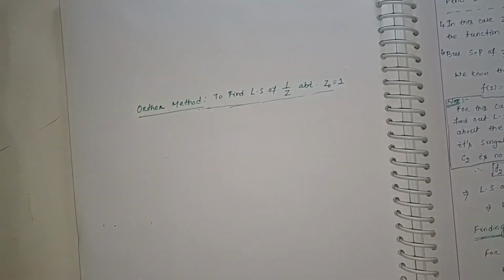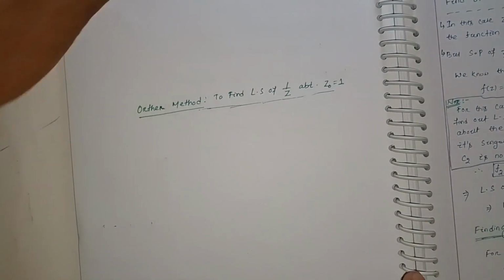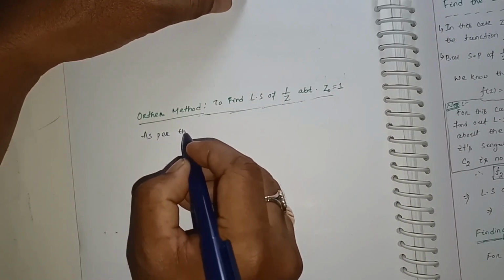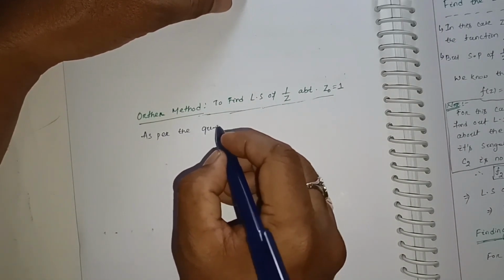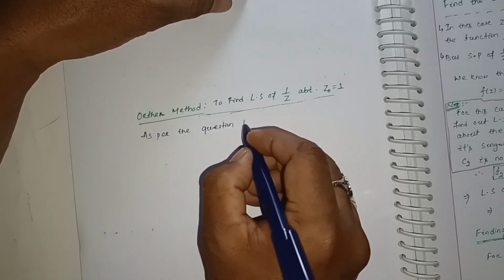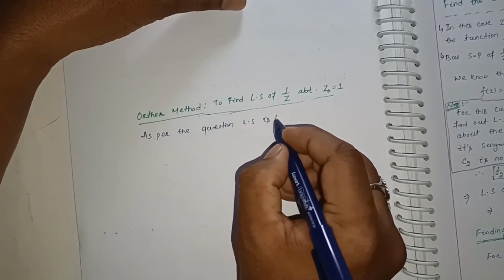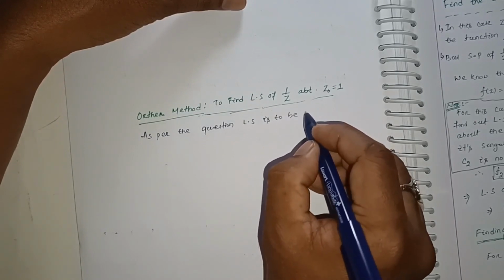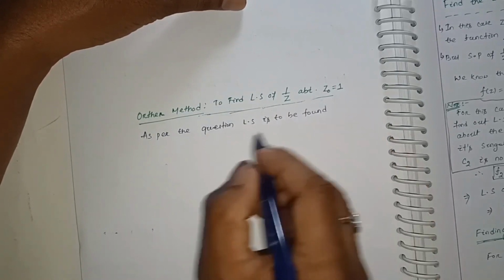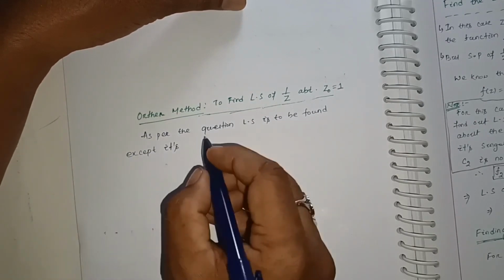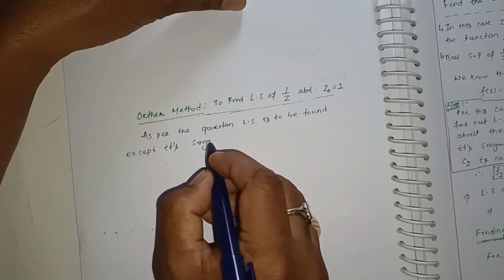First of all, we have to write this: as per the question, the Laurent series is to be found except at its singular point.